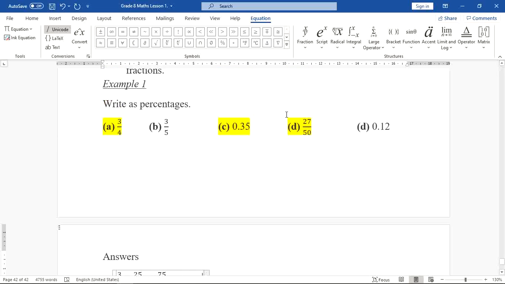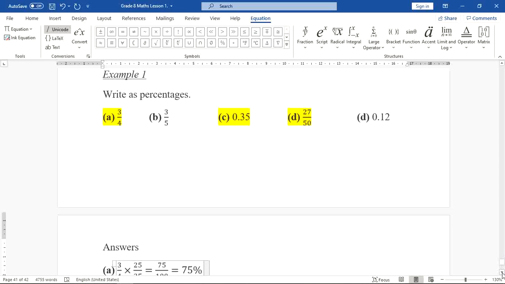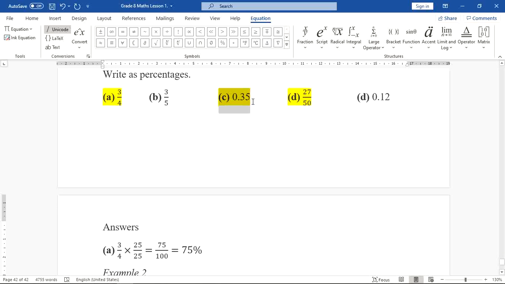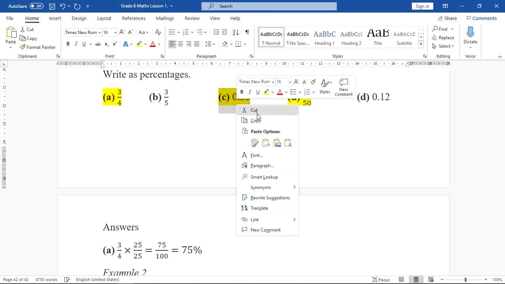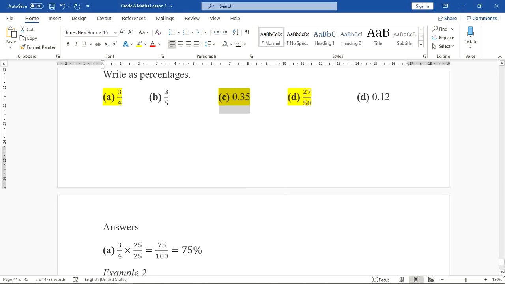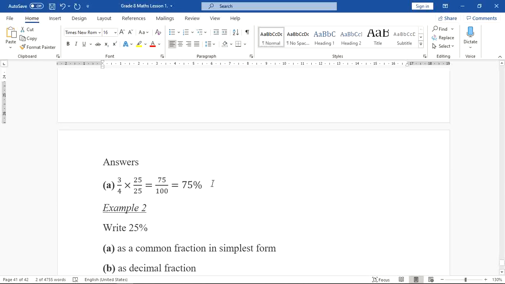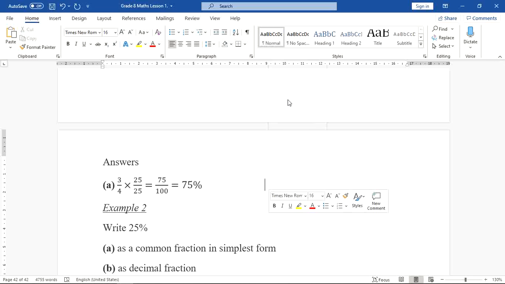what if the fraction is already a decimal fraction? Here we have 0.35, and you want to write this as a percentage. So how do we do that? We need to go back to grade 7 or probably grade 6 and ask ourselves, how do I convert a decimal fraction to a common fraction?